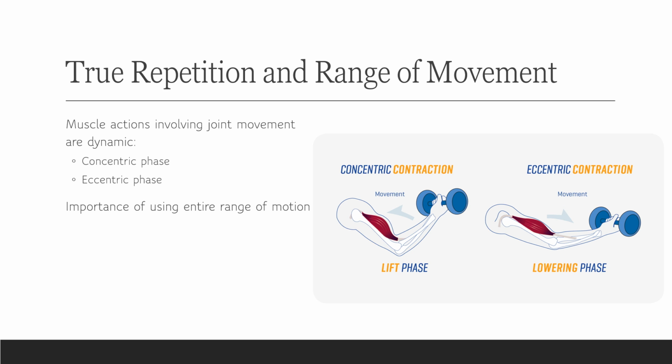By using the whole range of motion, the whole length of the muscle is stimulated, leading to adaptations throughout the whole muscle. However, range of motion may need to be carefully monitored and perhaps restricted when working with clients who have orthopedic injuries or limitations or anatomical joint laxity, such as in the knee, elbow, or shoulder.